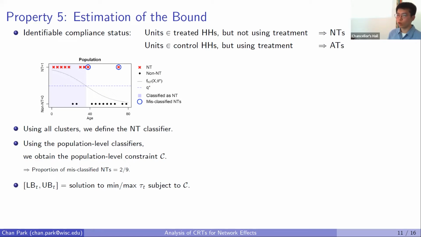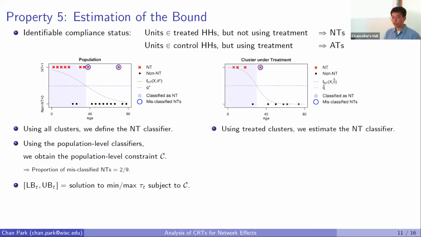Then these individuals are always takers. So by only using the treated clusters, where we can identify the never taker status, we can estimate the never taker classifier.